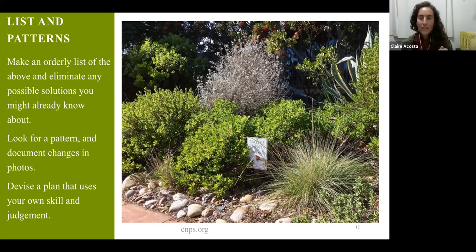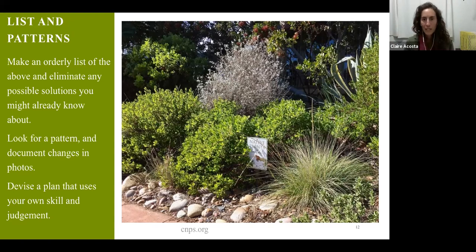So again, you're touching base with whatever resources you have to figure that out, or your own experience, and asking, okay, what are the solutions I have in mind for this? And eliminating any solutions that you've already tried or know about, or that don't apply to your situation. And yeah, just looking for some kind of pattern when trying to identify either the issue or the solution, right?